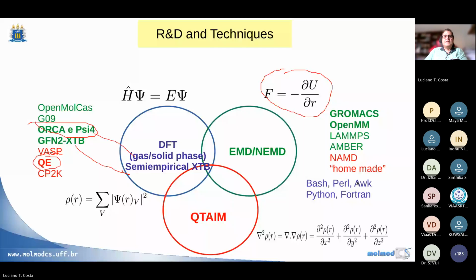For processing the output files, the results that we are producing from quantum or classical simulation, we use the quantum theory of atoms in molecules approach, using this equation here on this side, to see some quantum descriptors and characterize the interactions in detail. I can show you some results.